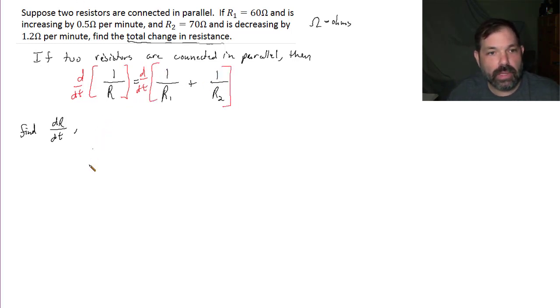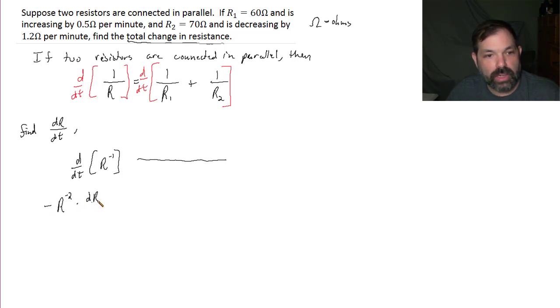Each of these, 1 over R, is the same as R to the negative first power. So d/dt of R to the negative first is negative R to the negative second times dR/dt, which is equal to negative R1 to the negative second times dR1/dt, plus negative R2 to the negative second times dR2/dt.